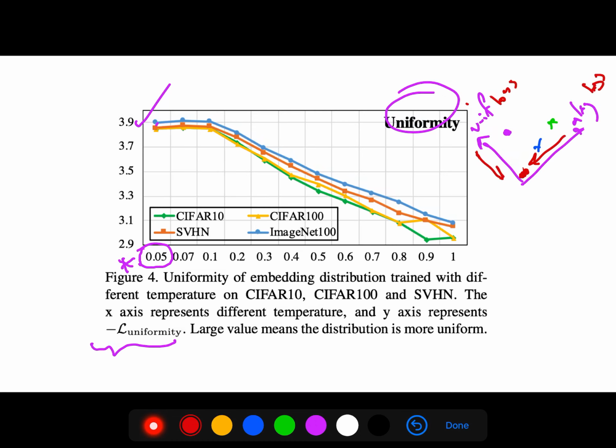But unless it is very supervised, no one has reached a very, very low alignment and very, very low uniformity. So this region is still very unknown. We don't know how we should model the loss or what kind of architecture will drive us to this beautiful place.